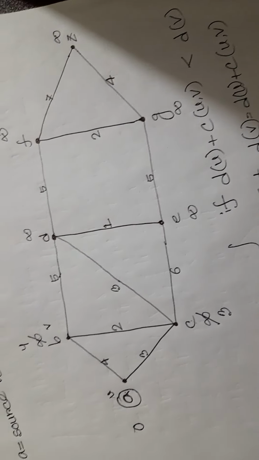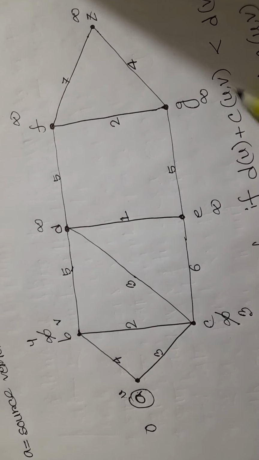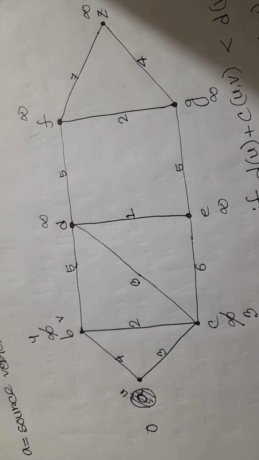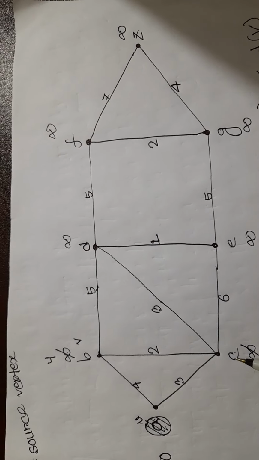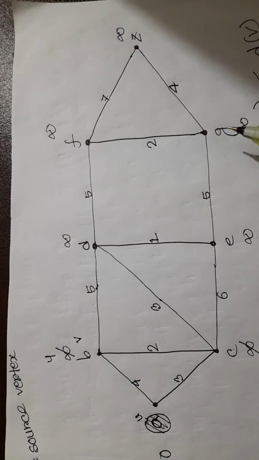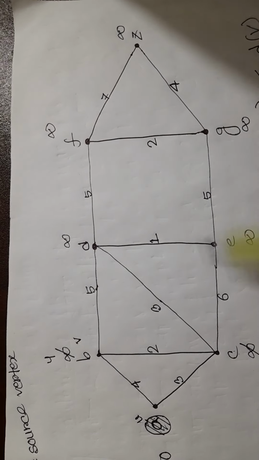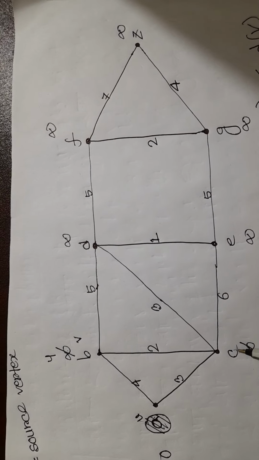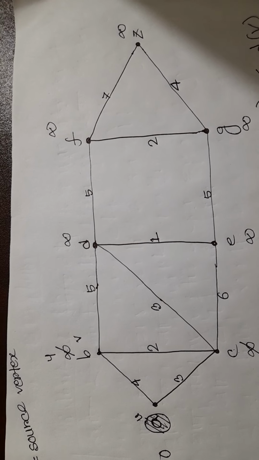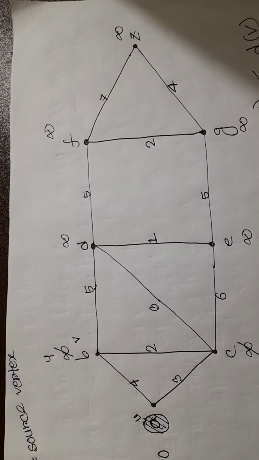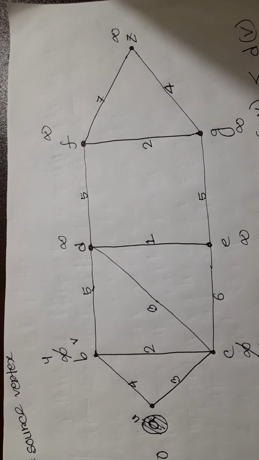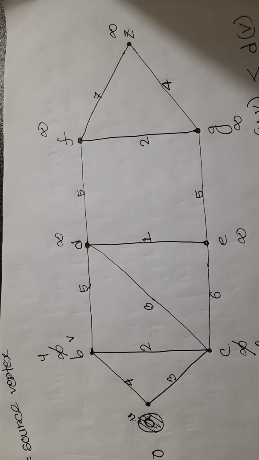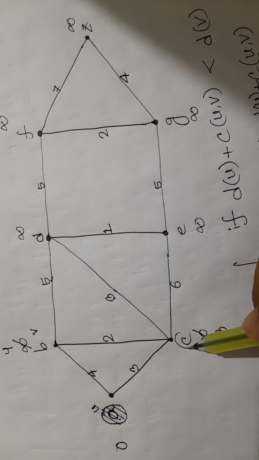Now we can select the next vertex. A is already selected. Here the remaining vertices are C, B, D, E, F, G, Z. Looking at the distance values of the remaining vertices, the smallest distance is C. So C is selected.